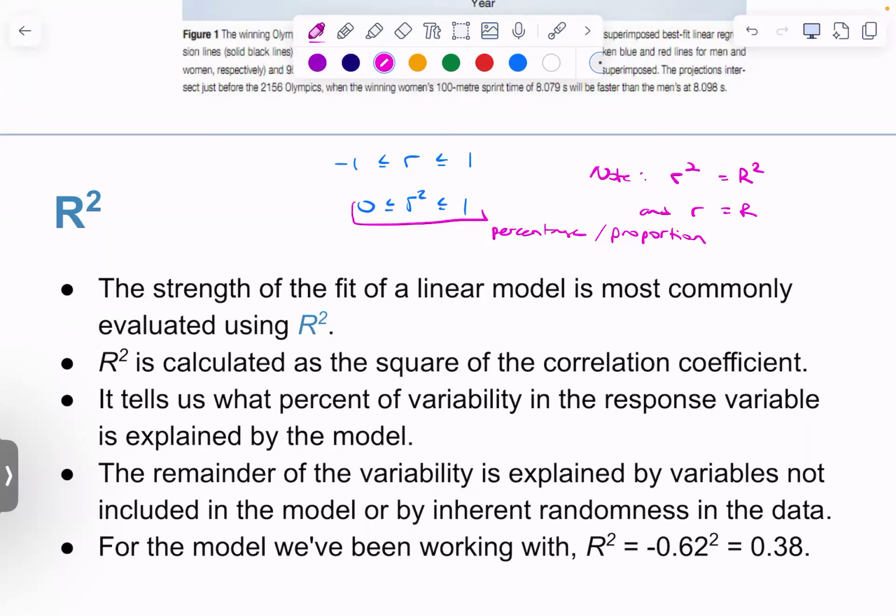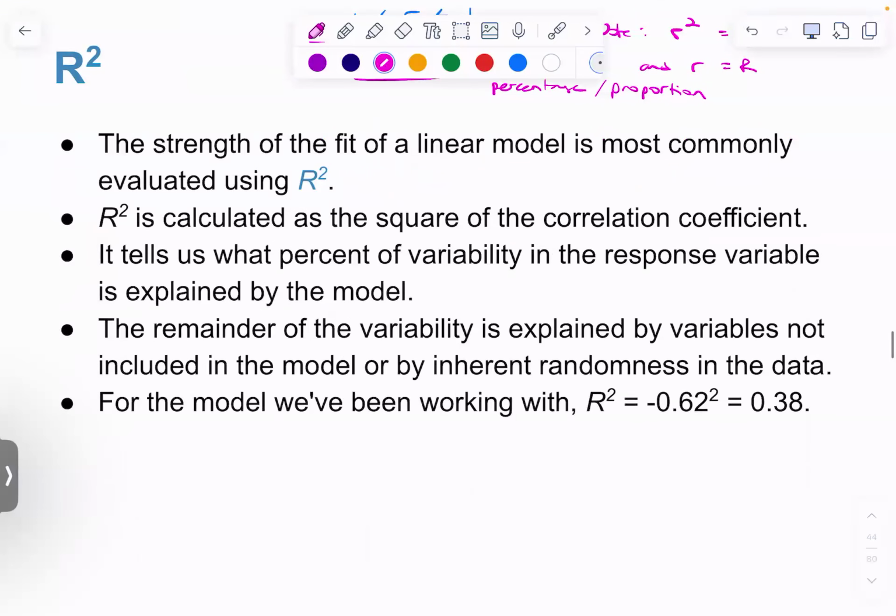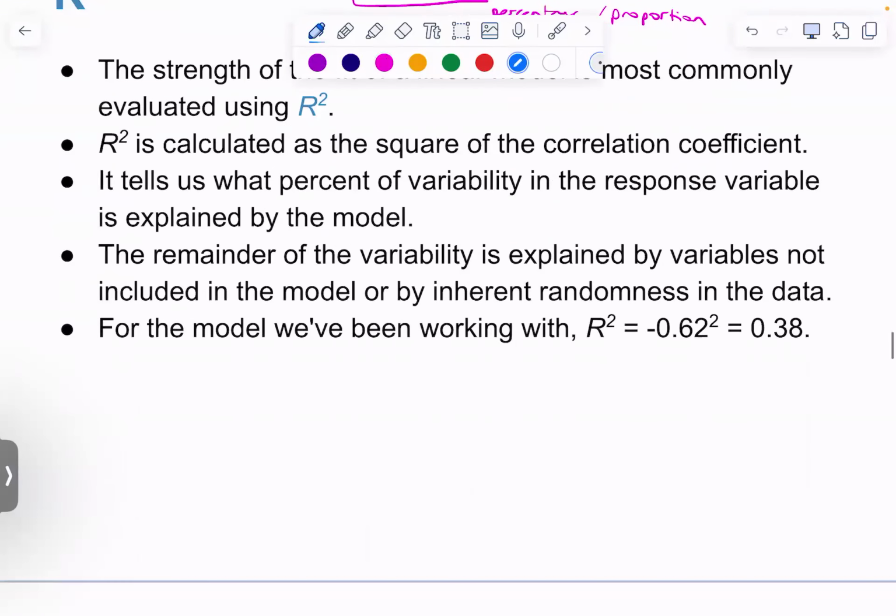Then the correlation is going to be the square root of r squared. But when I take the square root, what do I need to do? I need to tack on the plus minus.